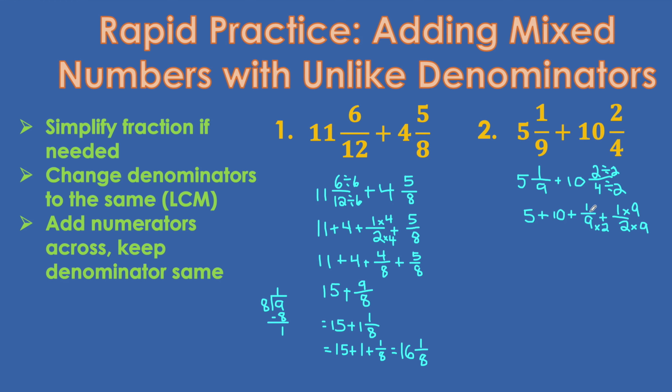Then multiply the 1 numerator by 2. Now we evaluate 5 plus 10 plus 1 times 2 is 2. 9 times 2 is 18.